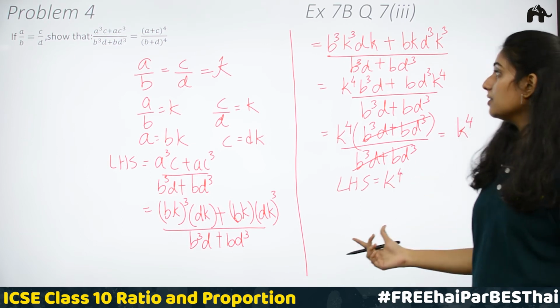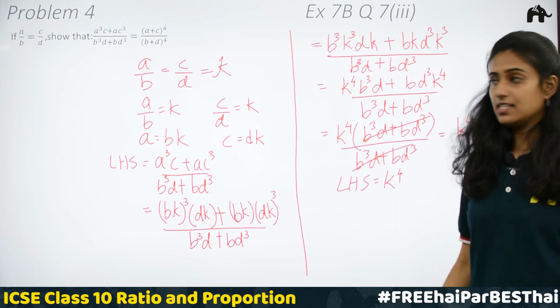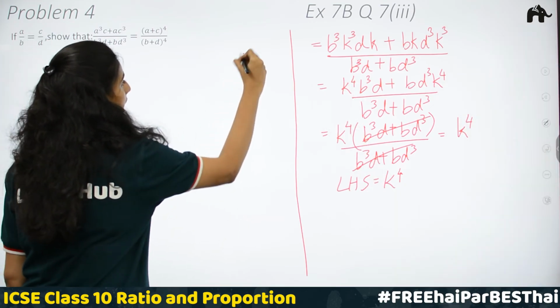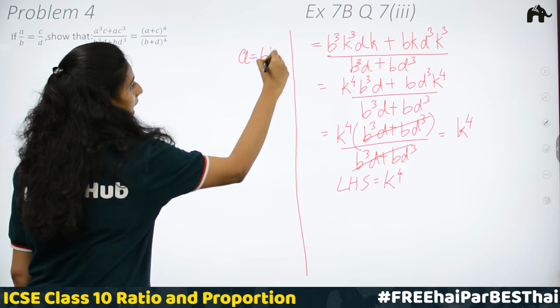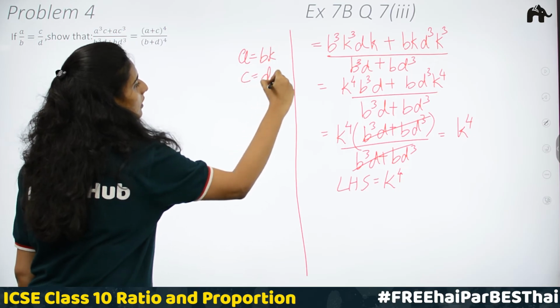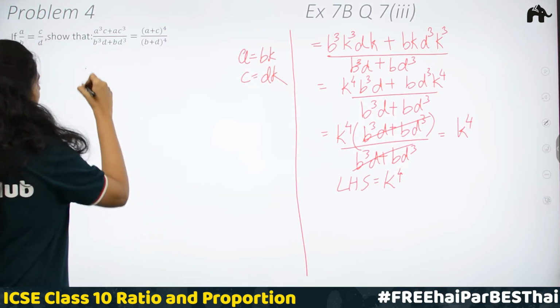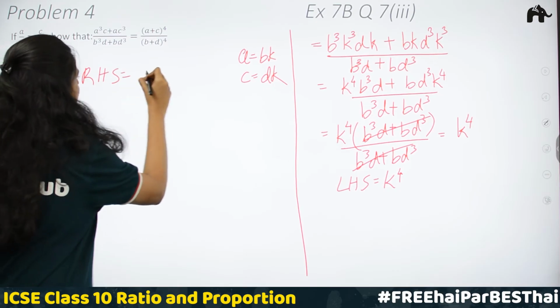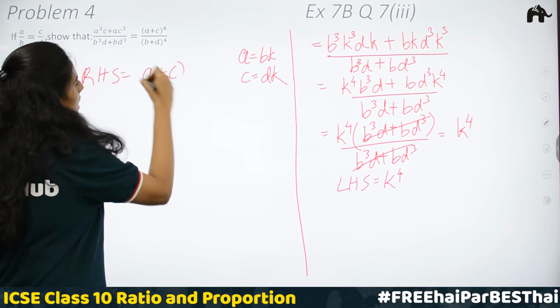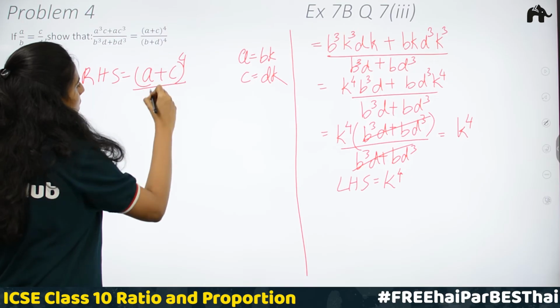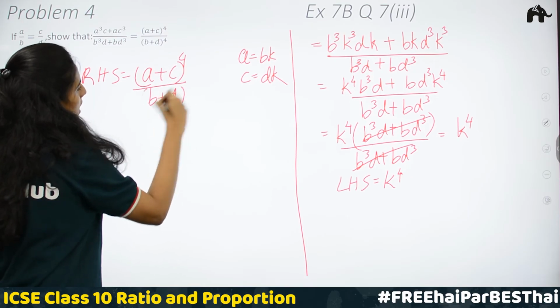Now, we can take RHS. We have A is equal to BK and C is equal to DK. RHS is equal to (A plus C) whole raised to 4 divided by (B plus D) whole raised to 4.